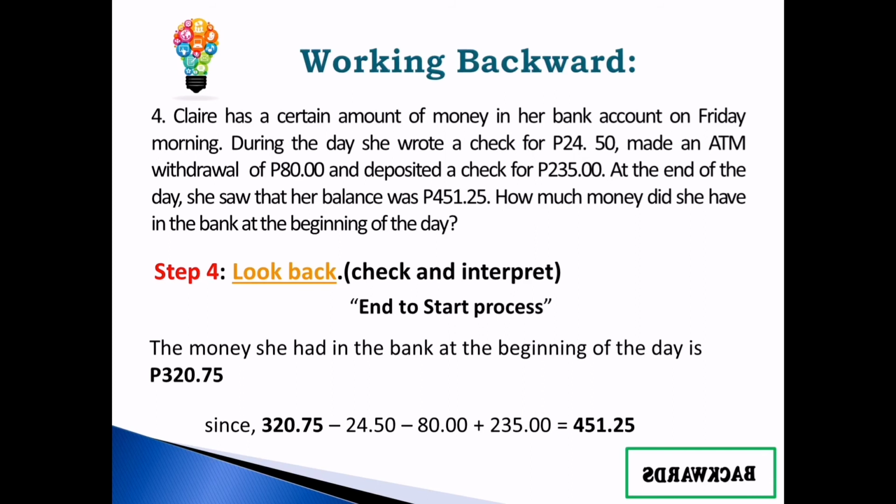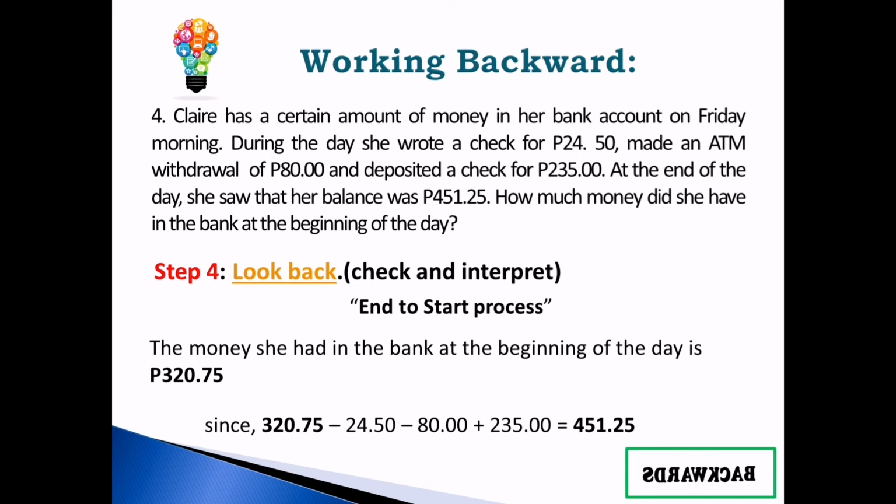This time, in the part of checking, we're going to do the process from the start until the end. Since 320.75 is subtracted by 24.50 because she wrote a check, then you're going to do another subtraction because she made an ATM withdrawal. Then right after that is addition because she put some money by depositing the amount of 235.